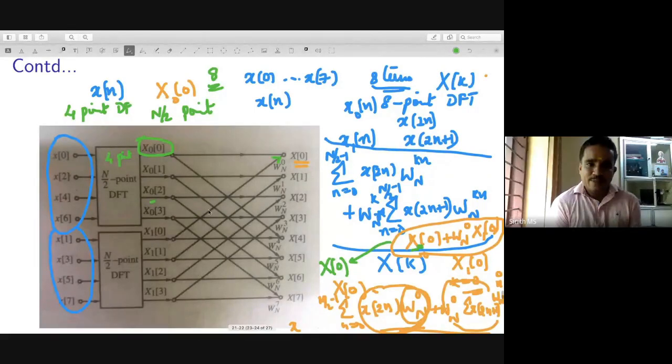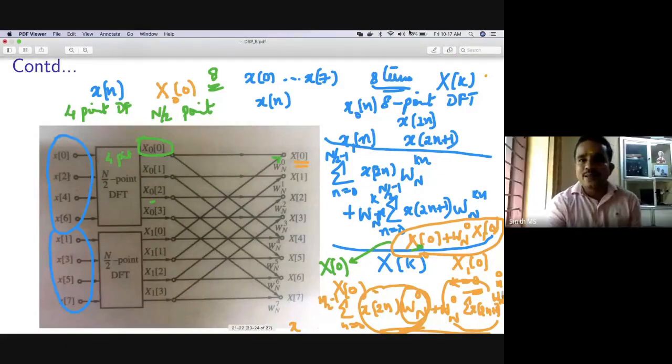So x10 is multiplied by WN0, and you get capital X0. Similar to this, you can find X1, which will be x01 plus WN raised to 1 into x11. This is multiplied with this, and you get all this. So this is the first step.